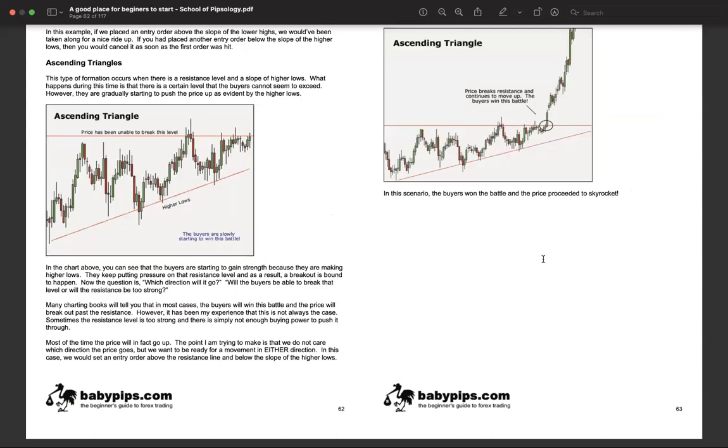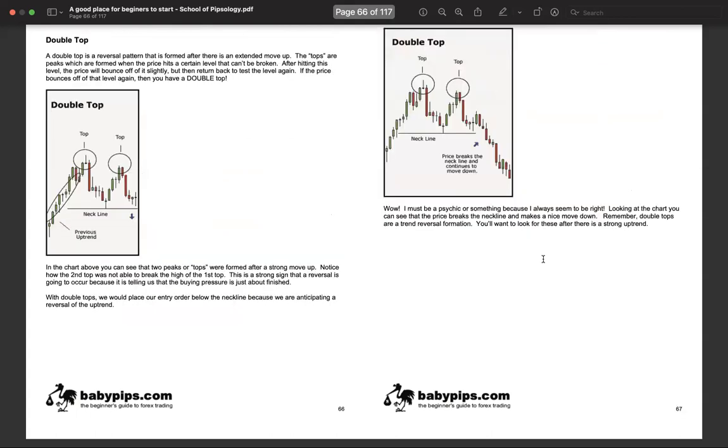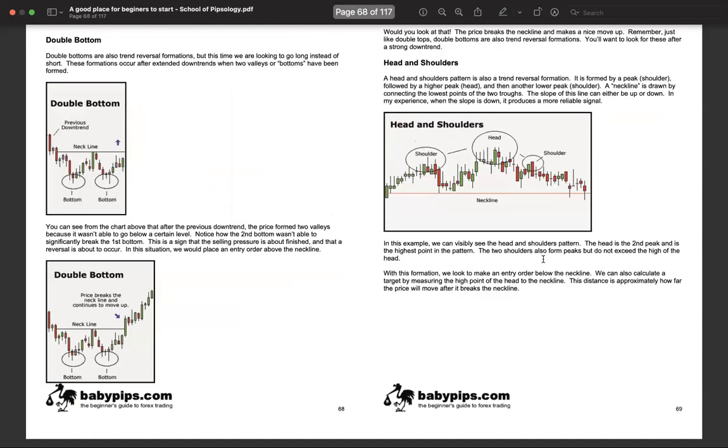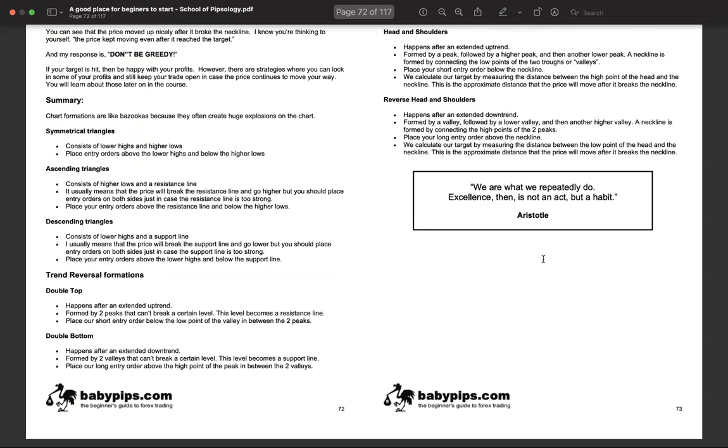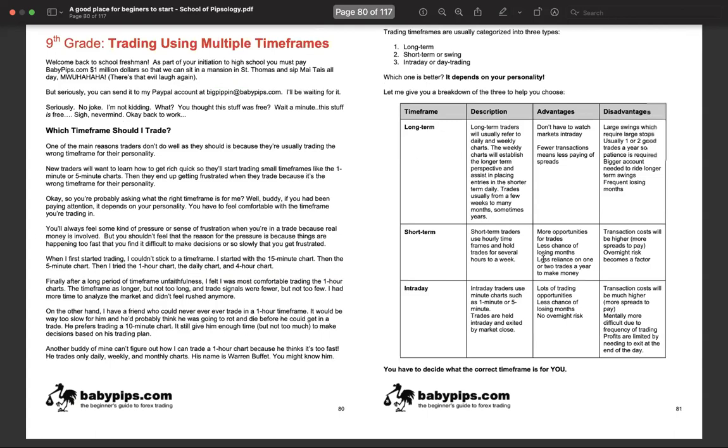Channels, double tops, which I call valleys and V's, head and shoulders. Usually head and shoulders are made up of reversal patterns. Usually these are things that repeat.